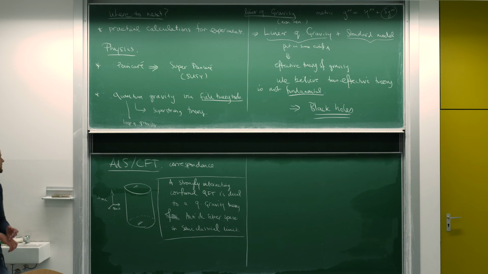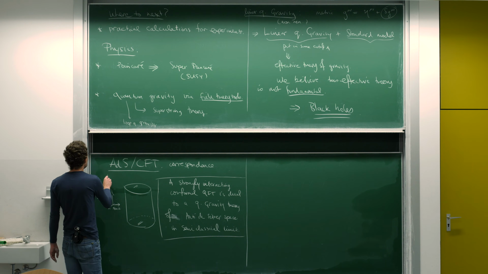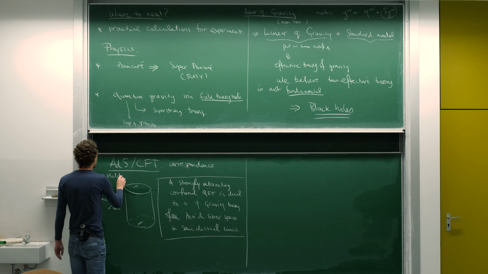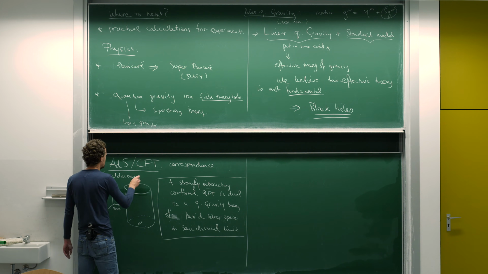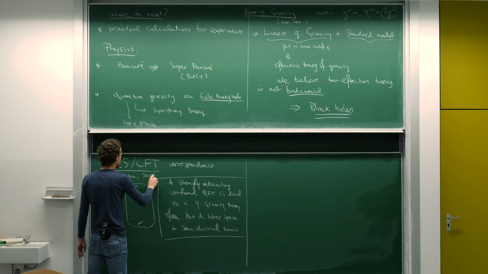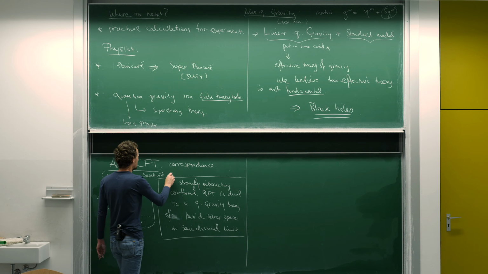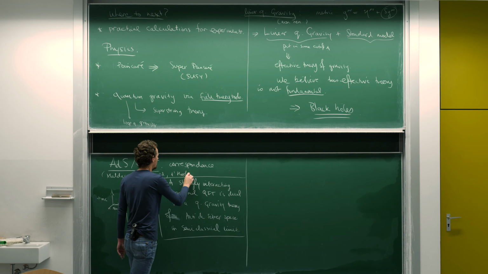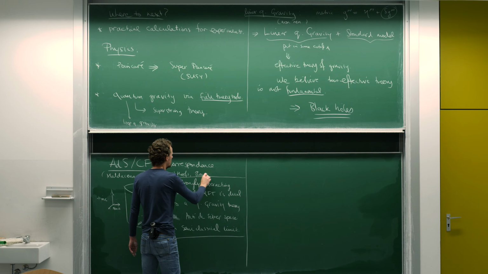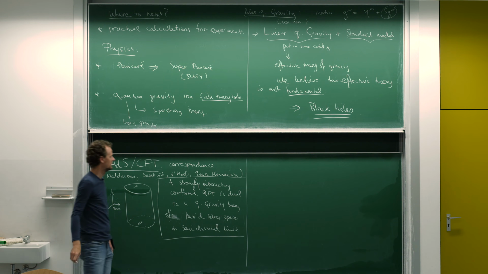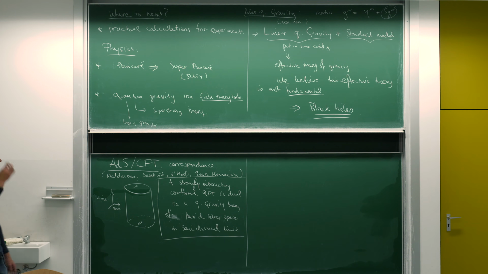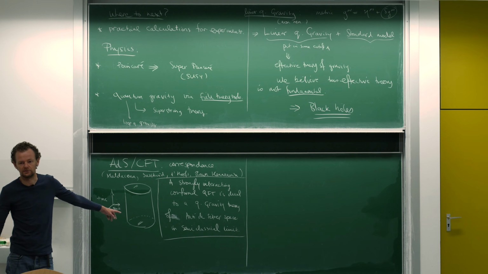The AdS-CFT correspondence of Maldacena, most beautifully captured by Maldacena, but also dating back to ideas of Susskind, and Brown and Henneaux, tells us that a strongly interacting conformal quantum field theory is dual to a quantum gravity theory of anti-de Sitter space in the semi-classical limit.